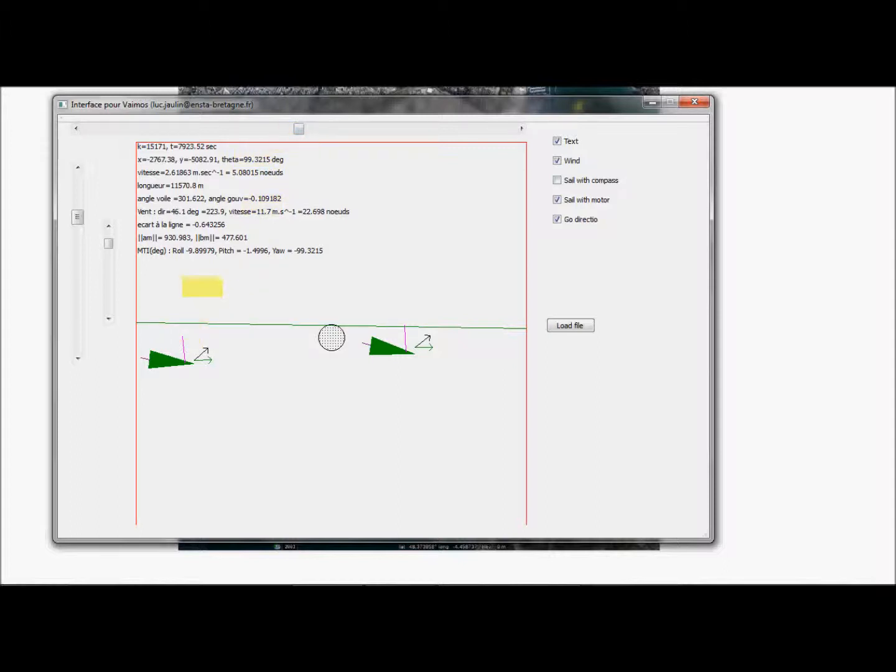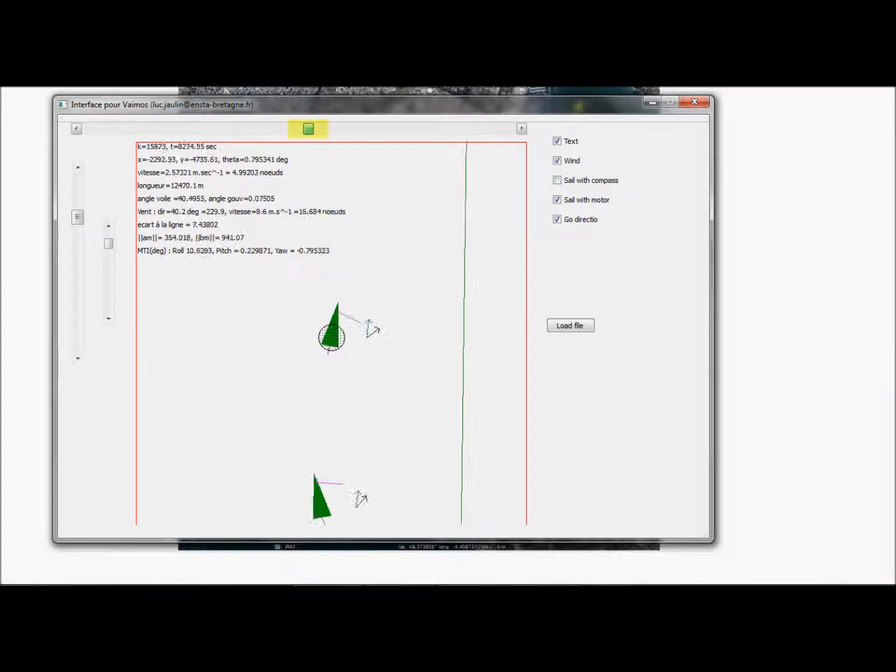I have all data. I have the roll, the pitch, the yaw, the distance to the line. So the distance to the line is 0.6 meters, so it's quite small. But if I want to be more accurate, I need to add an integrator, which is not the case here. The speed is something like 2.6 meters per second. And here it corresponds to the position of the boat.